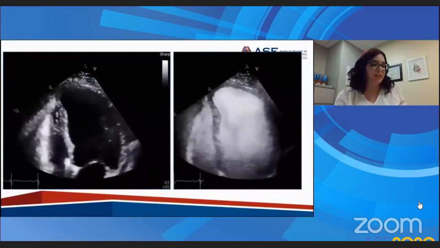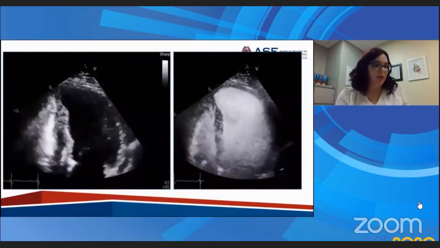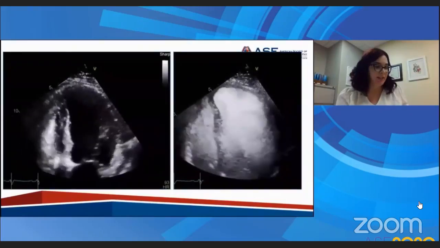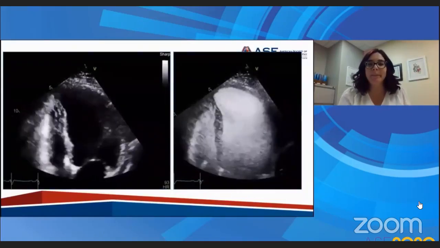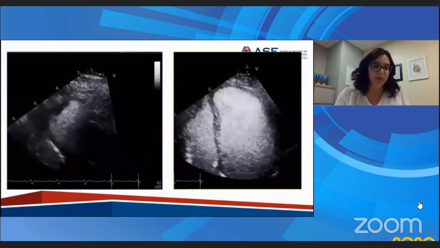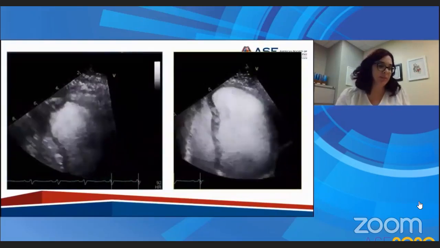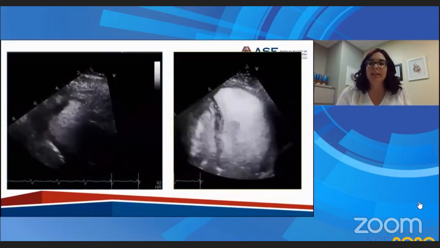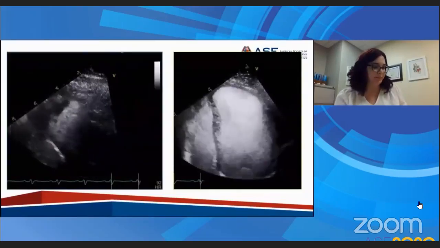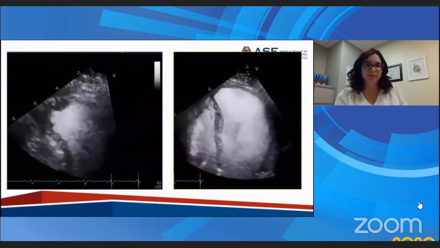Also, for those patients with severely reduced function, no matter how well you think you see the walls, even with contrast, next slide, a diligent sonographer will sweep through the planes to ensure no abnormality is missed, like in this case, a very sticky mural thrombus. Next slide.